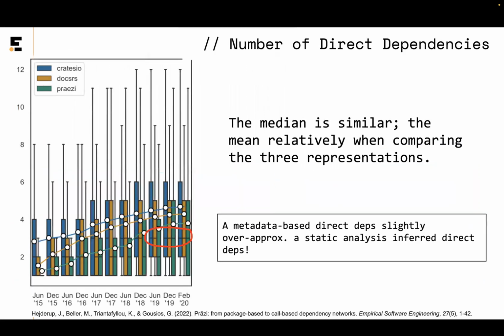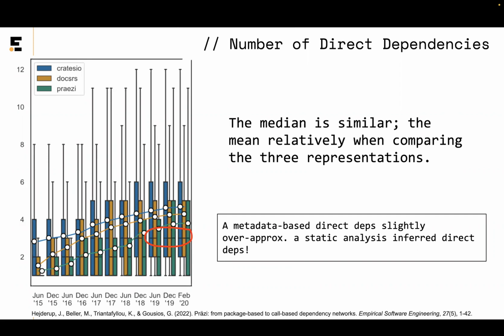I was doing this research, and if you're interested in this work, I have a reference to the paper. When I looked at the number of direct dependencies, in this box plot we have 3 data series. One is called Crates.io, which is the metadata-based.